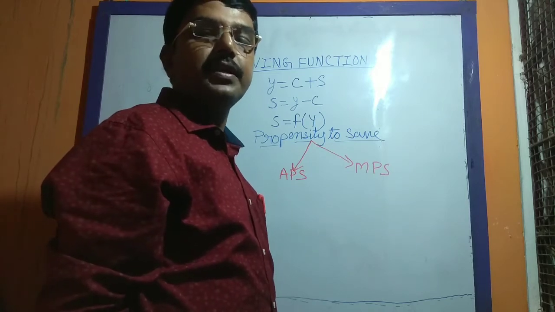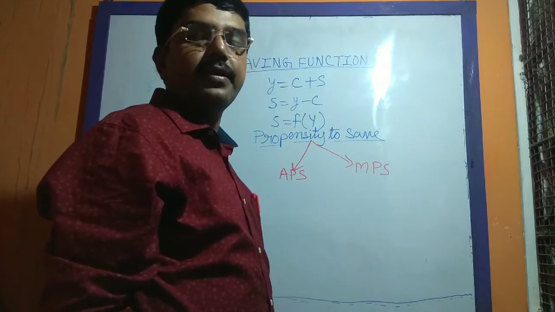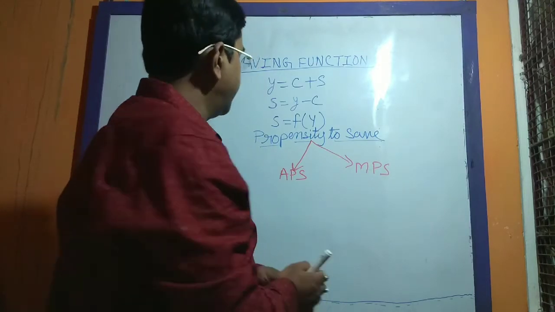The average propensity to save shows the ratio of aggregate saving and aggregate income.